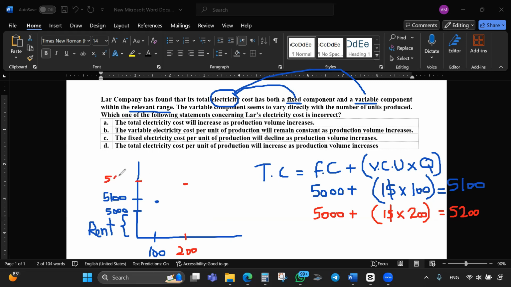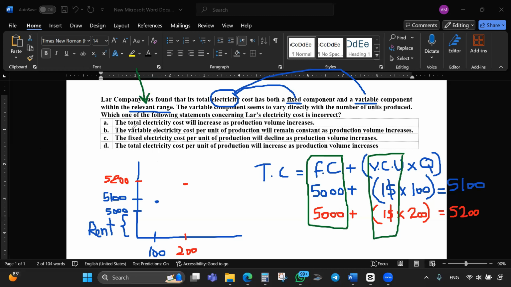5,200, and so on. Variable cost and fixed cost will remain constant in the relevant range, which means fixed cost will remain fixed at 5,000 and variable cost per unit will remain constant at $1. This is what is meant by relevant range.